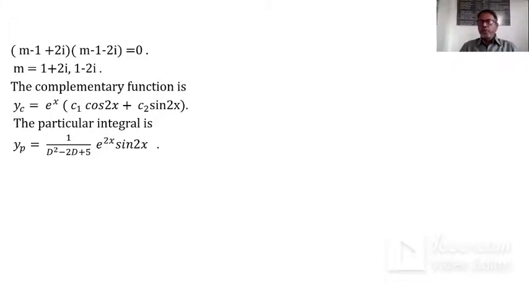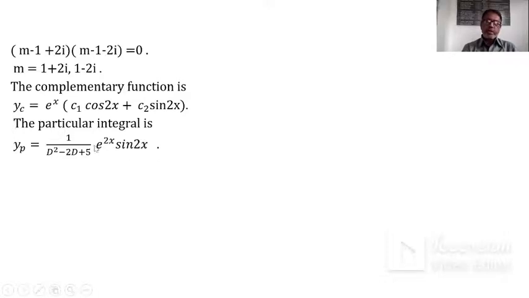For that purpose, we use the result 1 upon f of d operating on e to the power ax into v. Here a is 2 and v is sine 2x. Therefore, we take e to the power 2x outside of this operator and then substitute in the operator d by d plus 2. Our a is 2, which comes from this e to the power 2x, not from this.